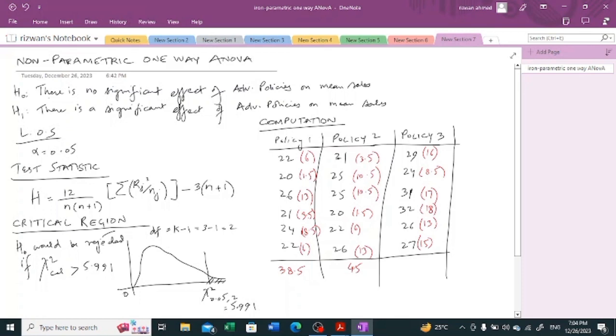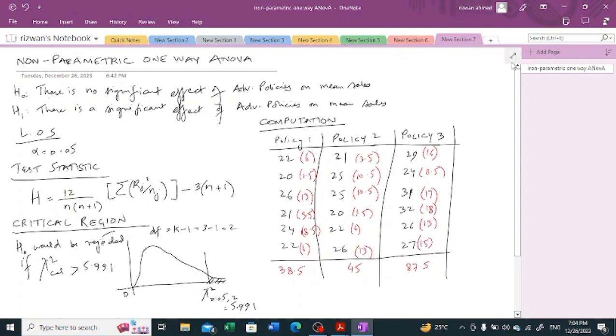We go to the third column: 16 plus 8.5 plus 17, 10 plus 18, 10 plus 13, and then 15. So 87.5 is the sum of the ranks of the third column.